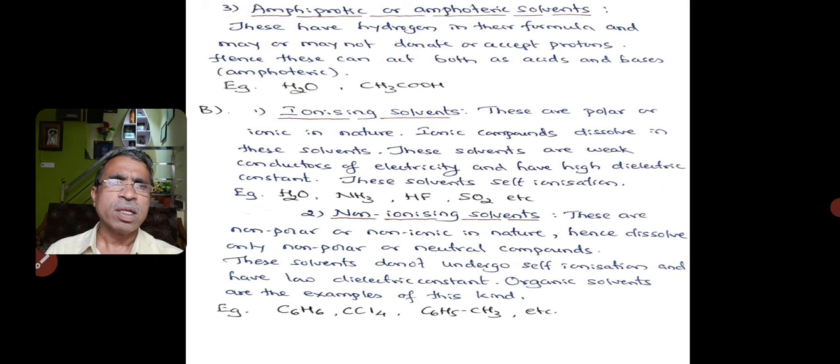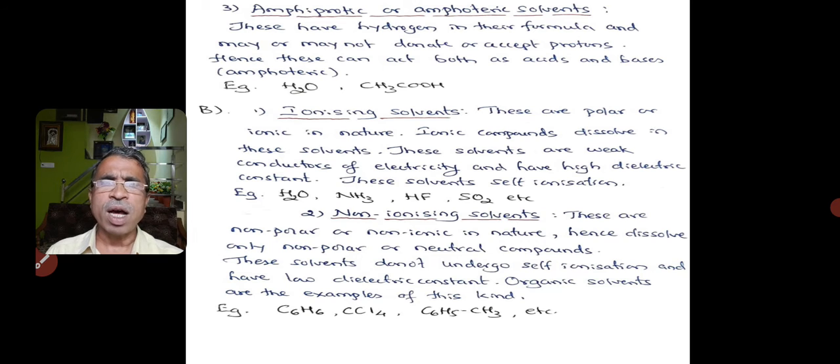Non-ionizing solvents. These are non-polar or non-ionic in nature. Hence, they dissolve only non-polar or neutral compounds. These solvents do not undergo self-ionization and have low dielectric constant.